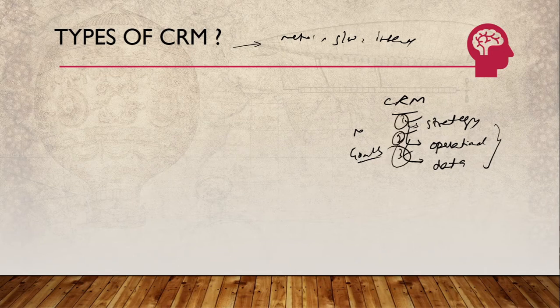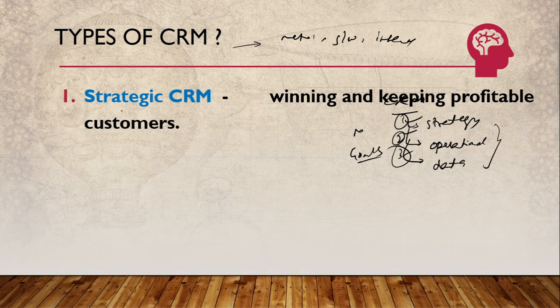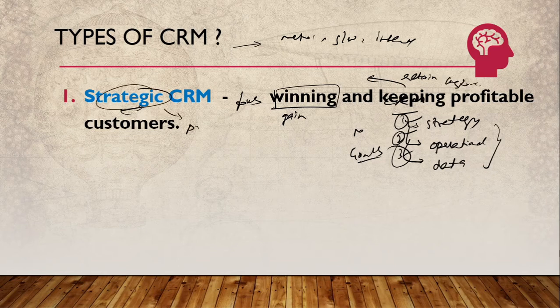The first one is strategic CRM. Strategic CRM mainly focuses on winning and keeping profitable customers. These are the key terms. You have to gain new customers, and whatever customers you have acquired, you have to retain them. So customer retention is also very important. One more thing strategic CRM discusses is the profitable customer.